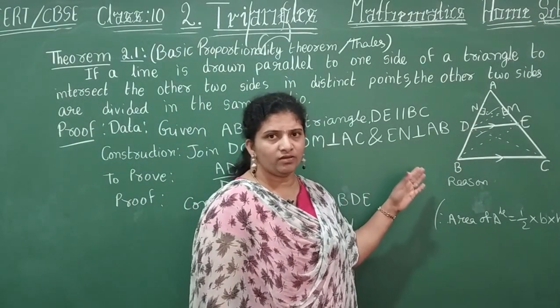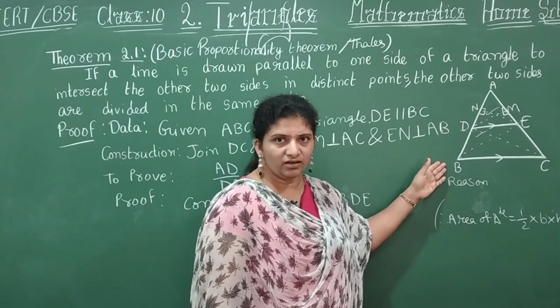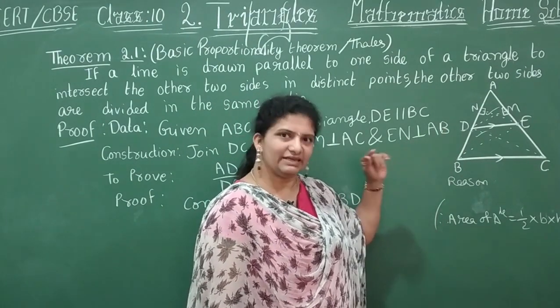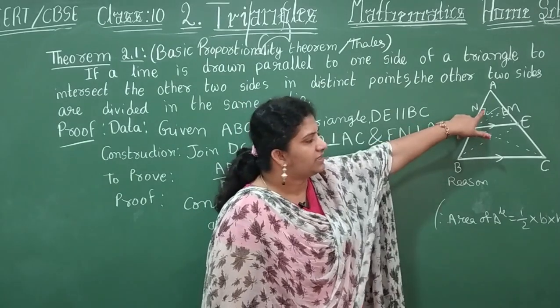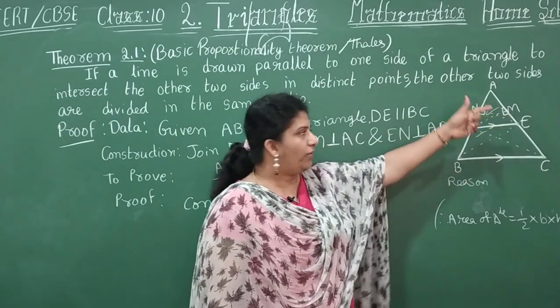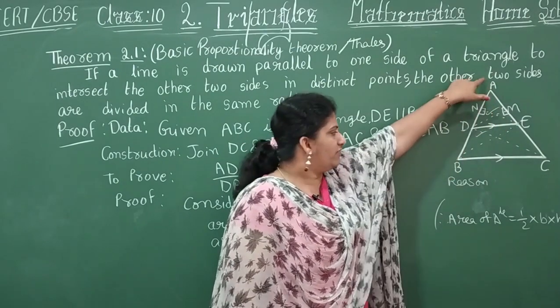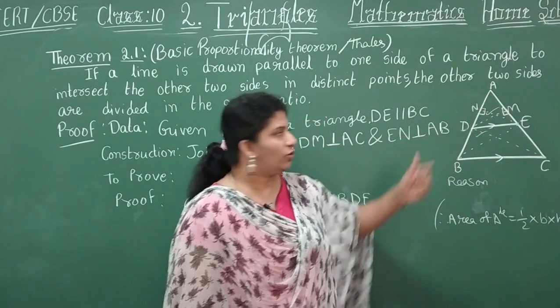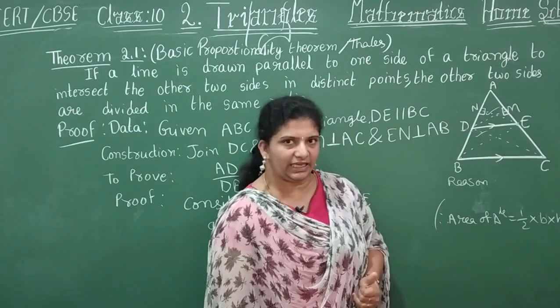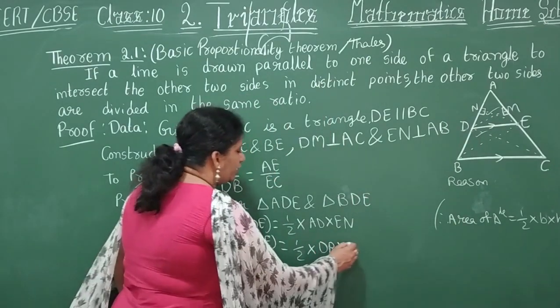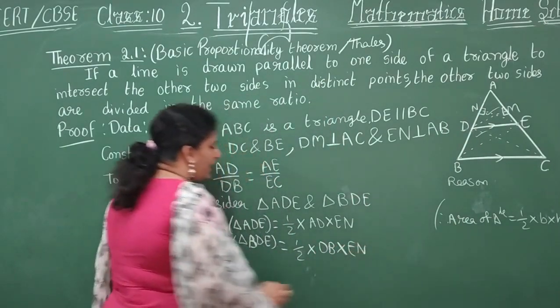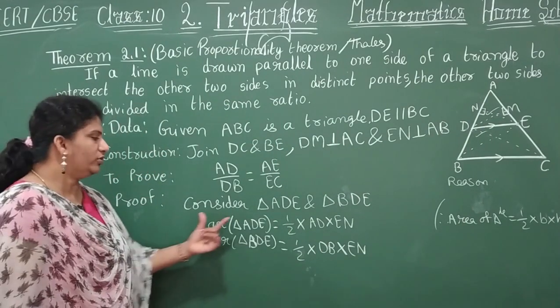Yes, it is there. This is the height. You have drawn the perpendicular not only for AD, for the complete AB line you have drawn a perpendicular EN. Into EN.